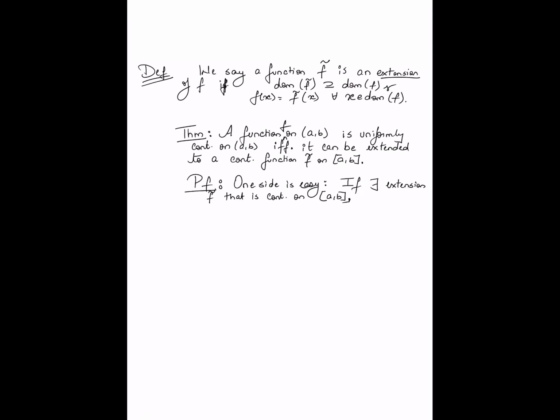Well, why is this? We know that f tilde is uniformly continuous, because continuous functions on closed intervals are uniformly continuous, which in turn implies that f, which agrees with f tilde, is uniformly continuous.